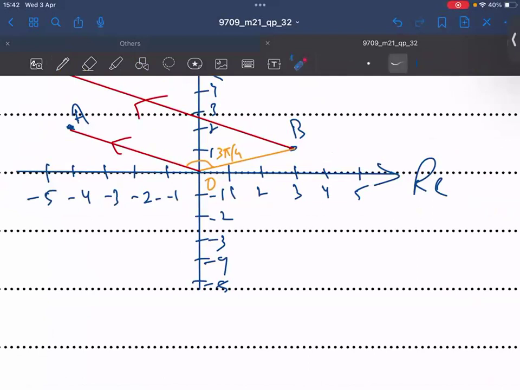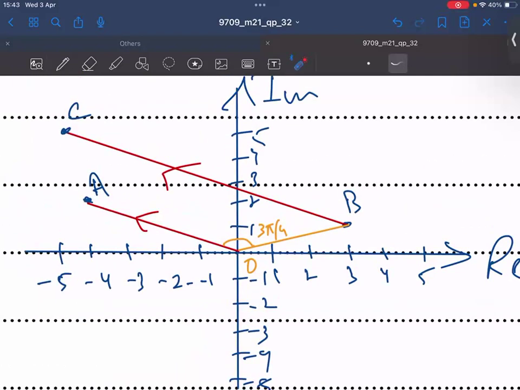You will be calculating the argument of A, and you will be subtracting from it the argument of B. All right, let me repeat it. Miss Iman Kamran, how would you prove that the angle AOB is 3 pi by 4?